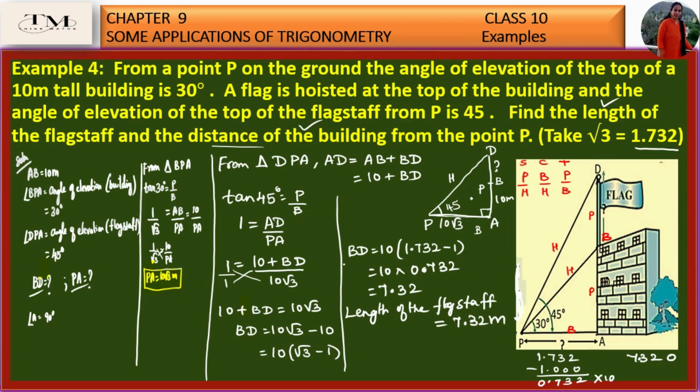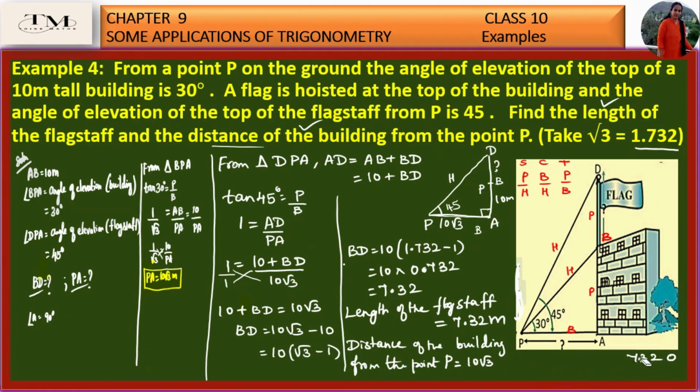Distance of the building from the point P. So distance of the building from the point P is equal to, what is PA? It is 10 root 3. So what is root 3? It is 1.732.